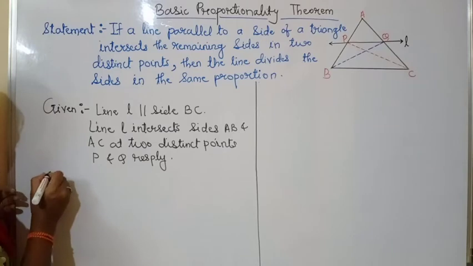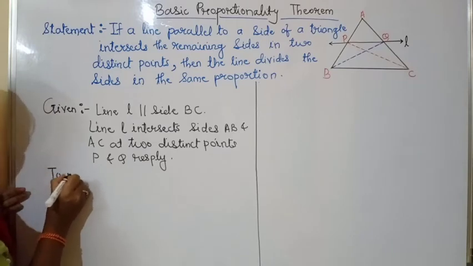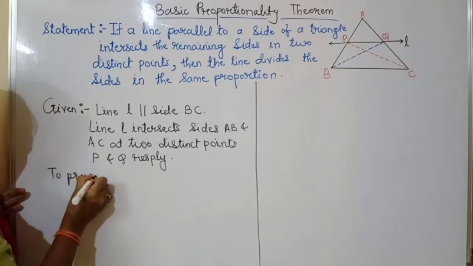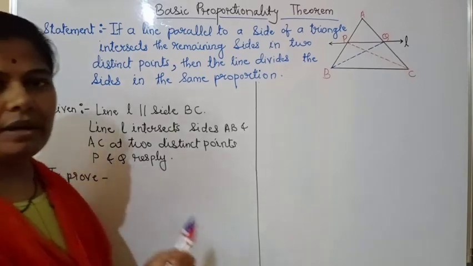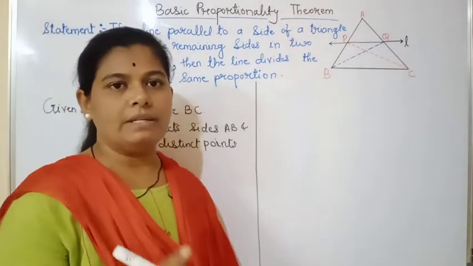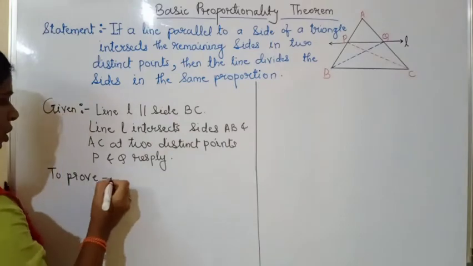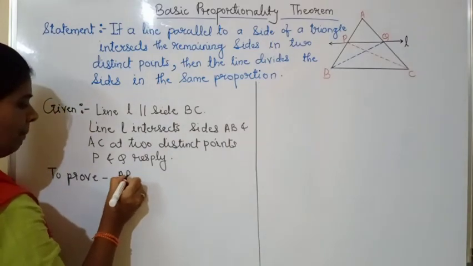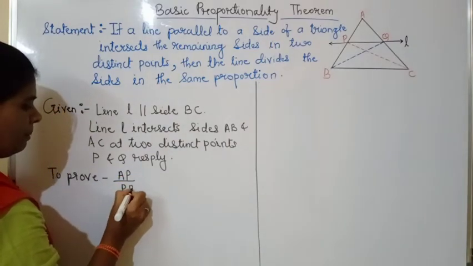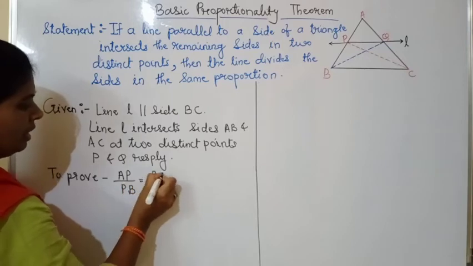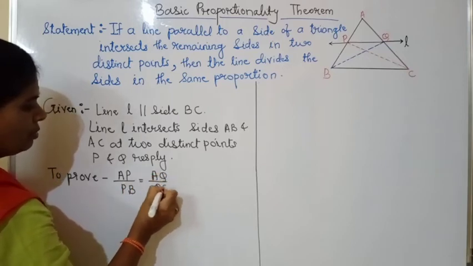This is our given. Now what is to prove? To prove that the line parallel, that is the line L, divides the two sides in the same proportion. So we have to prove that AP upon PB is equal to AQ upon QC.